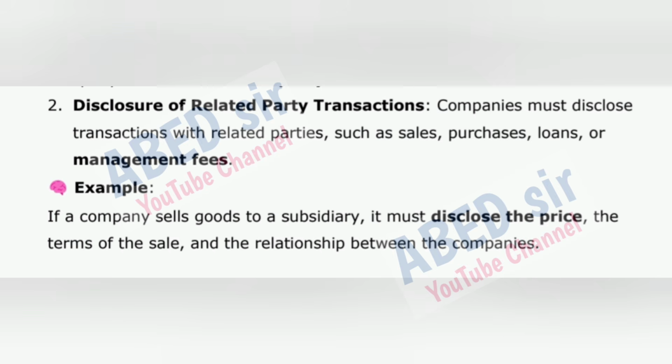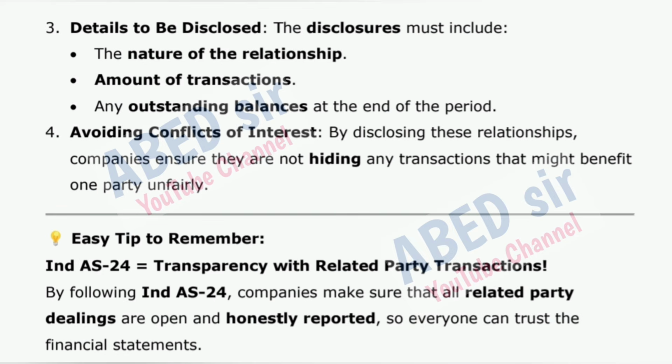Companies must disclose transactions with related parties, such as sales, purchases, loans, or management fees. Example: if a company sells goods to a subsidiary, it must disclose the price, the terms of the sale, and the relationship between the companies. 3. Details to be disclosed.